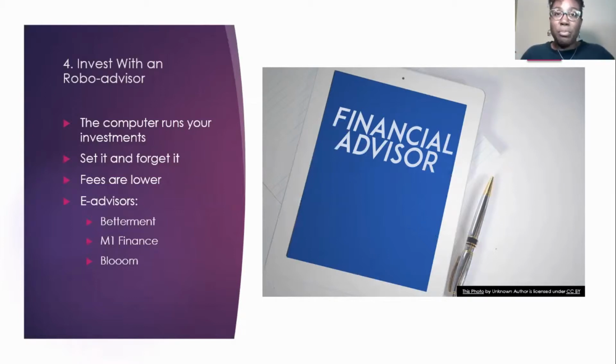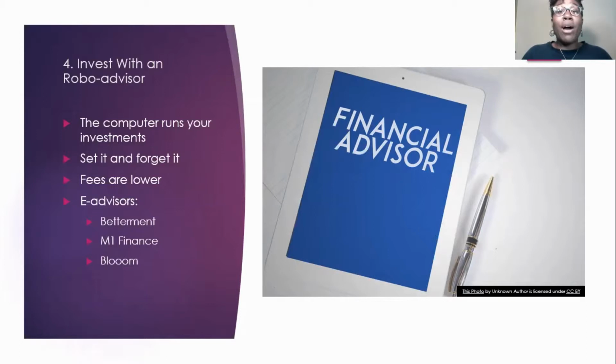And the computer basically takes over from there and runs the account like you would, but you would be emotional, so the computer has no emotion, so it just does what you say it would do until you tell it to stop. So you set it and forget it.